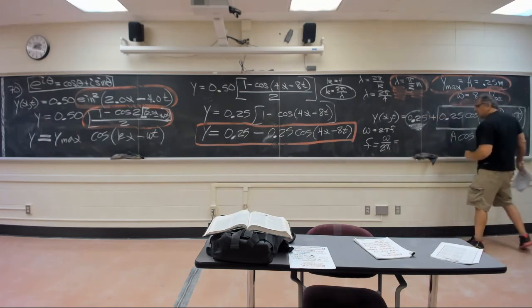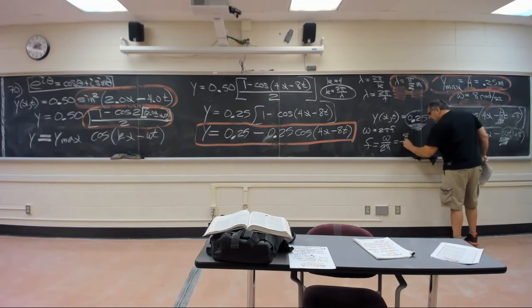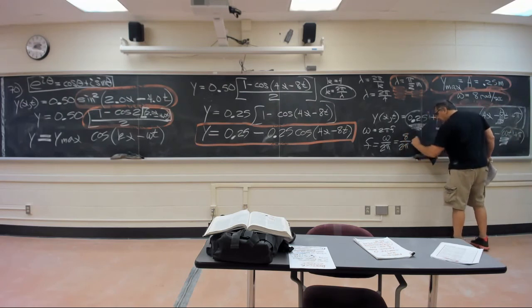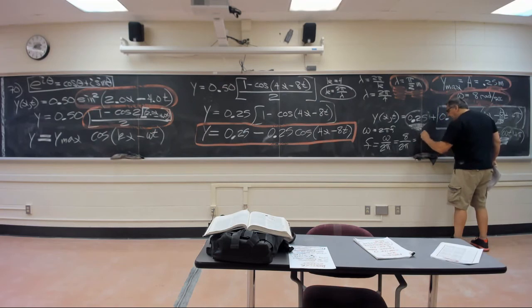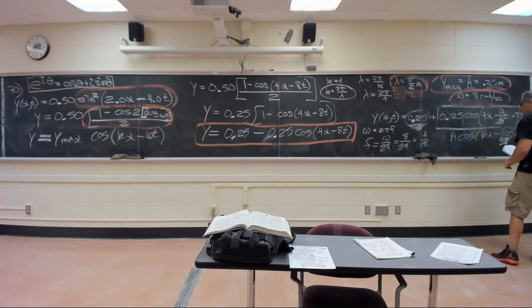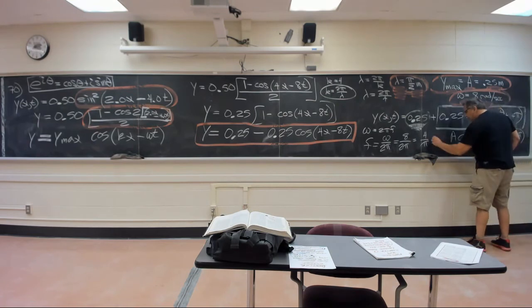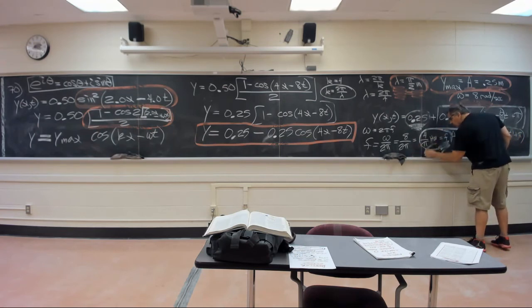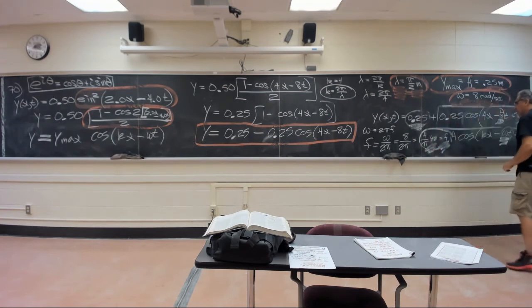Omega was 8 radians per second. That's 4 over pi. I didn't say it was going to be an easy one to look at. That's 4 over pi hertz. That's f. F equals 4 over pi hertz.